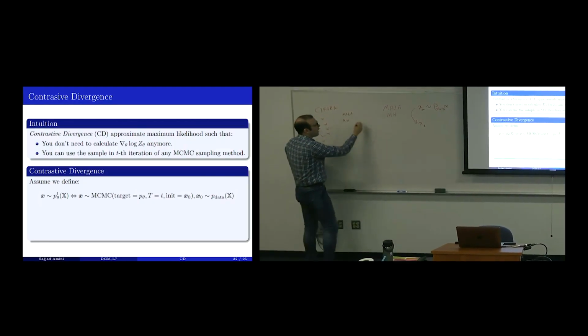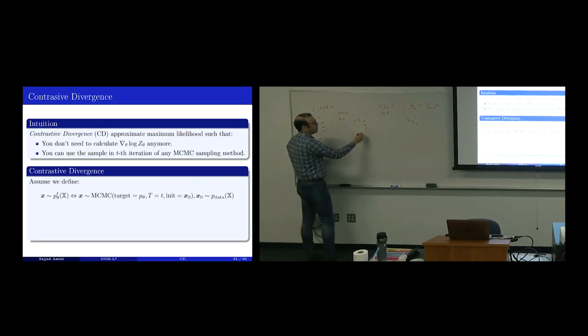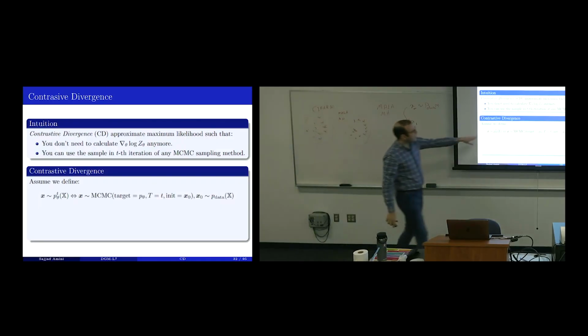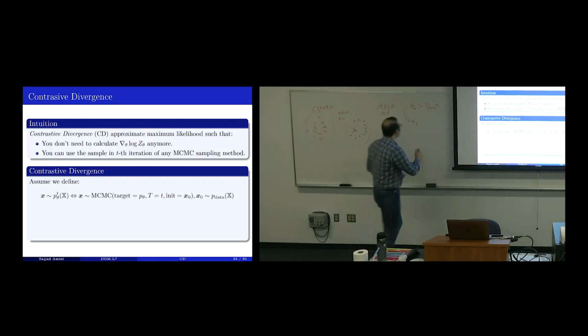So I have different samples here, and each of them has a corresponding sample here. The cloud of points here has a new distribution. We call that new distribution p theta of 1. So x1 is coming from p theta of 1 of x.